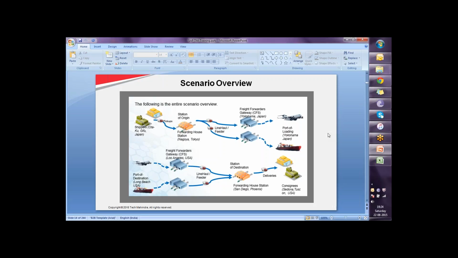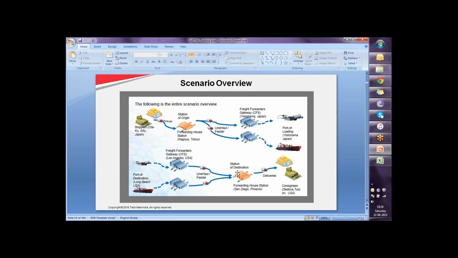Then the main leg happens and it comes to the port of destination. At the port of destination, deconsolidation happens and goods get unloaded at the container freight station. Then again customs declaration, authority check, compliance check, and then goods are transported via line feeders to the station of destination.